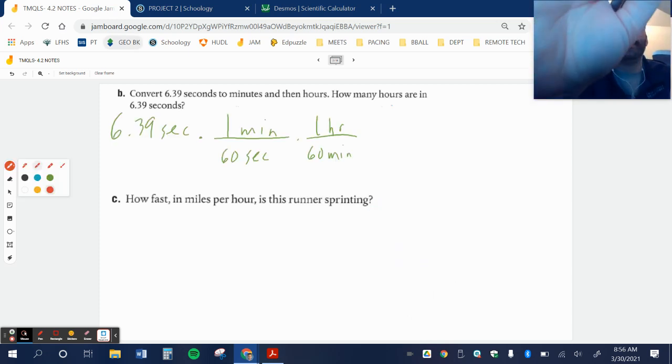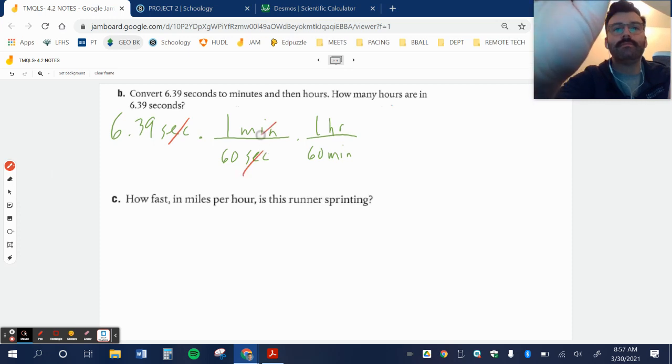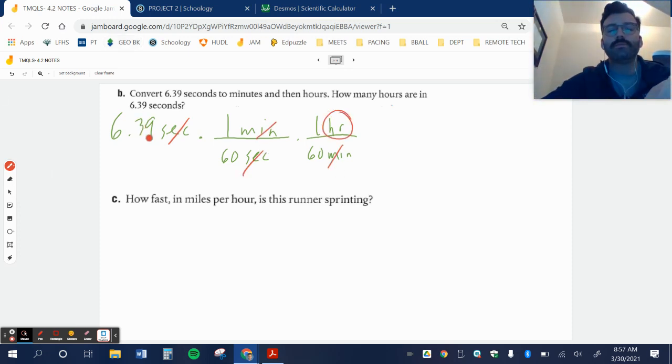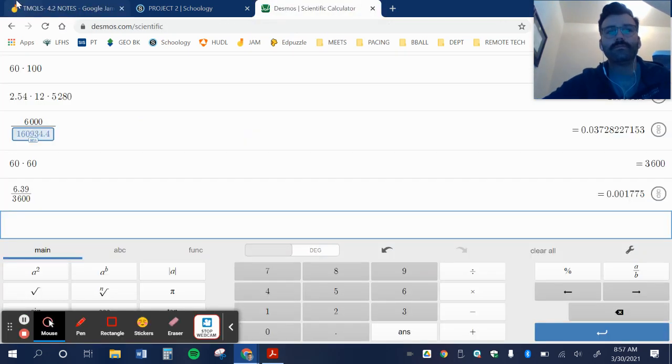Okay, so here's where I'm at. Seconds cancel, minutes cancel, and I have hours. I went 6.39 seconds times 1 minute to 60 seconds, 1 hour to 60 minutes. Go ahead and multiply that out. Here's what I put in the calculator: 60 times 60, 3,600, and then 6.39 divided by 3,600.